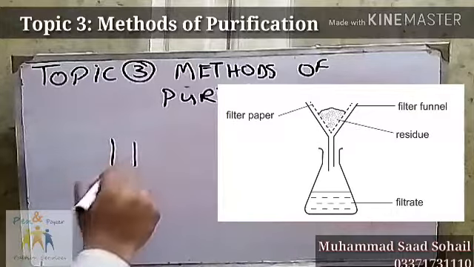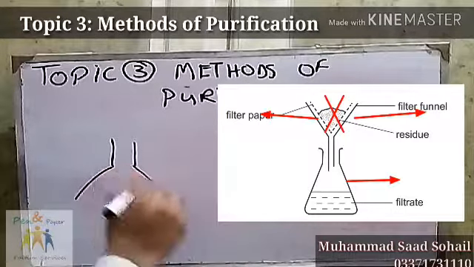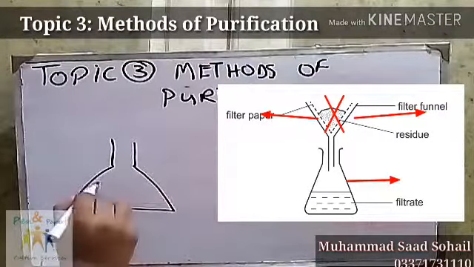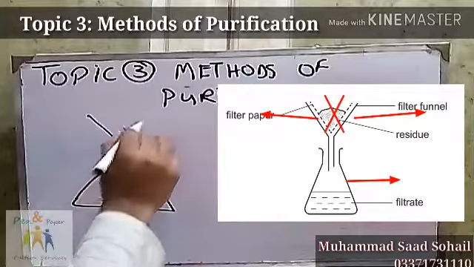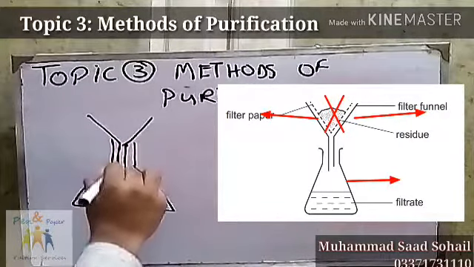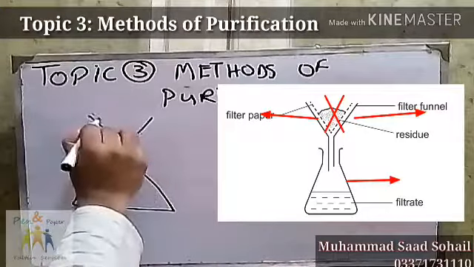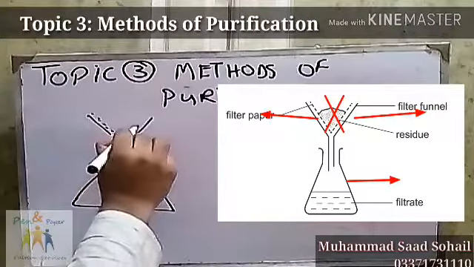If I draw it here, let's say this is a conical flask. Here you have a funnel, separating funnel. Here you have a filter paper.